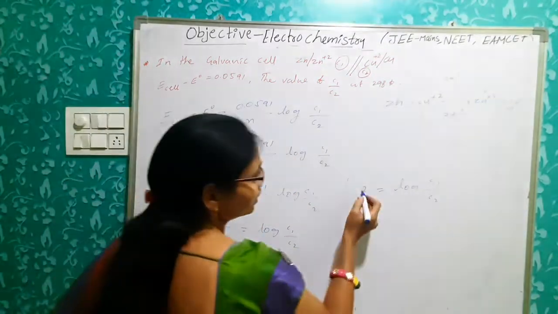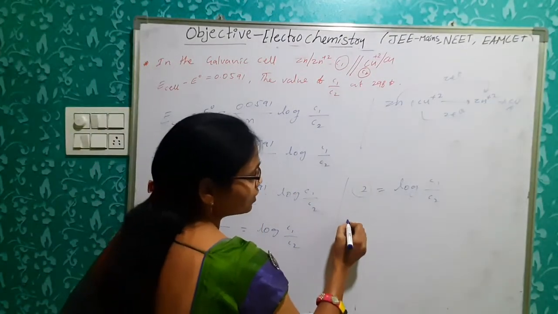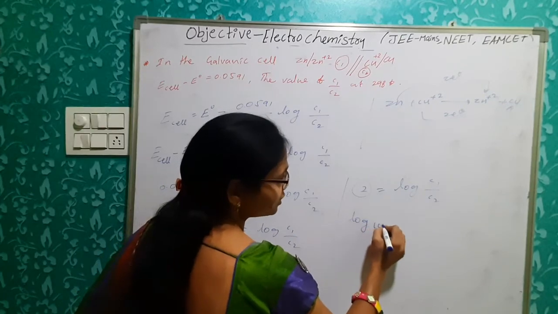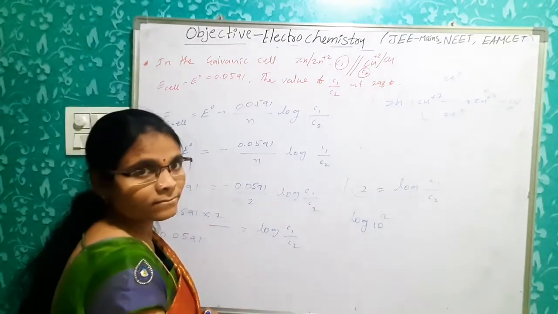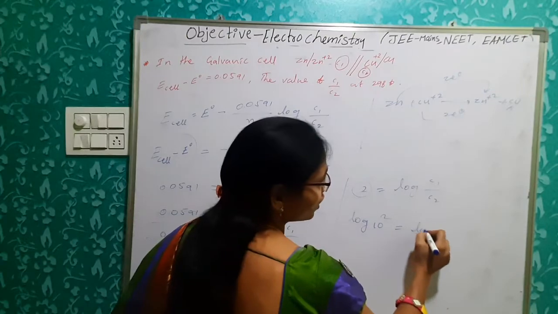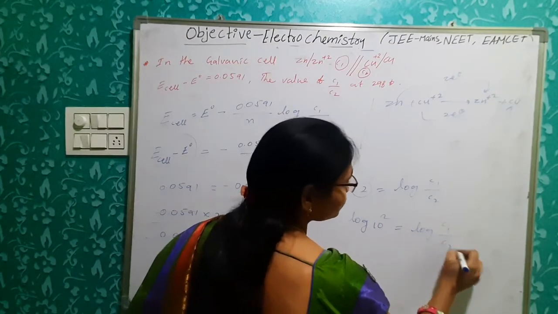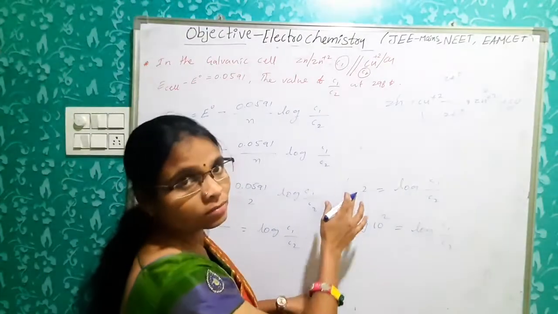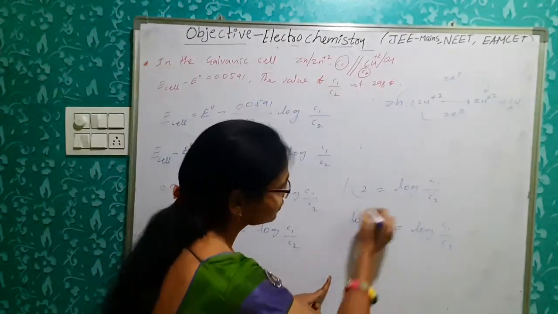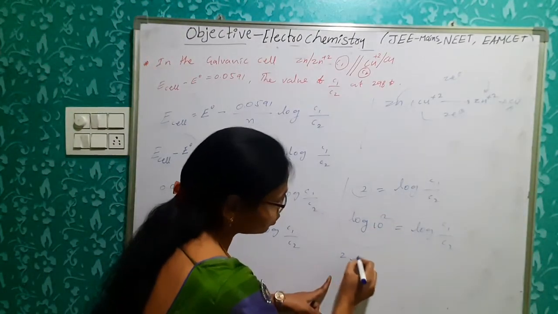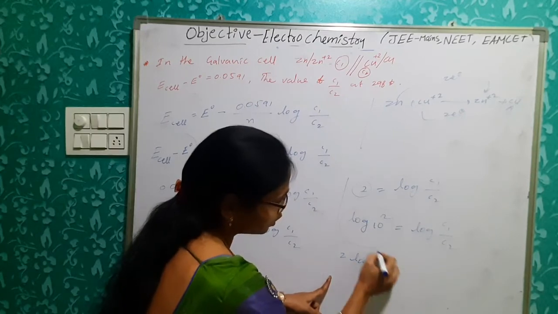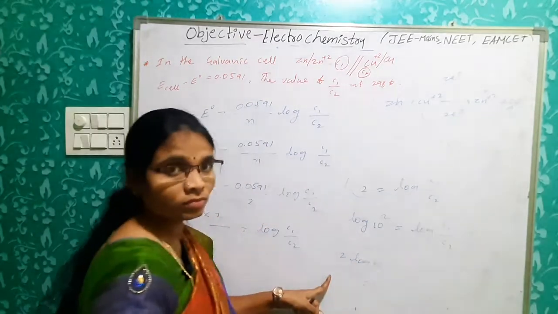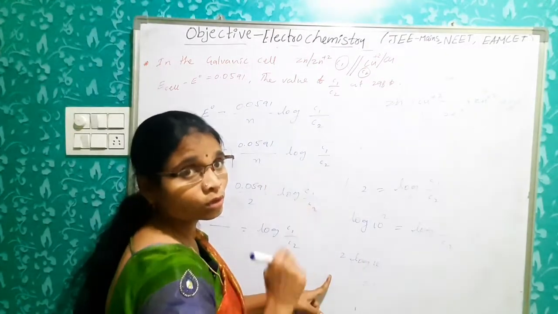So this 2 is written as log 10². Got it? Log 10² is nothing but 2 log 10, and log 10 value is 1, so 2 into 1 is 2 only.